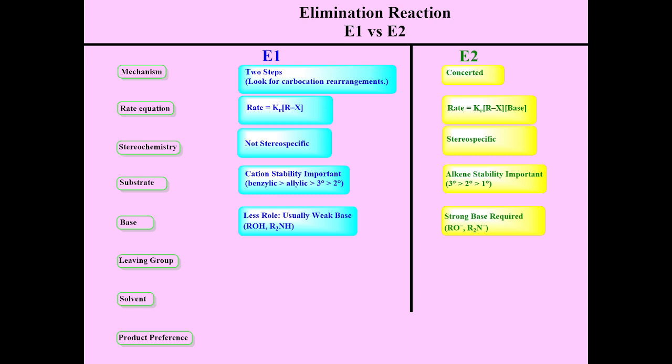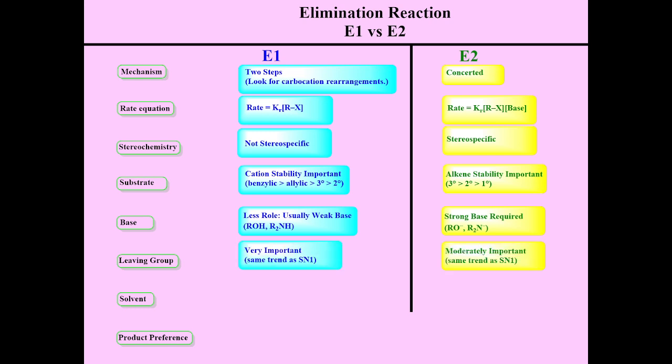Those are strong bases which can abstract the hydrogen atom next to the carbon bearing the halogen group, so that it can facilitate the elimination of the leaving group, and it can proceed to the alkene. Okay, so a strong base is required for the E2 elimination reaction.